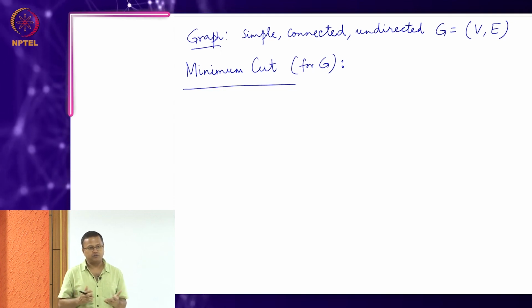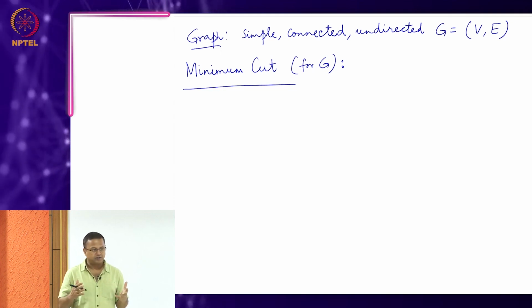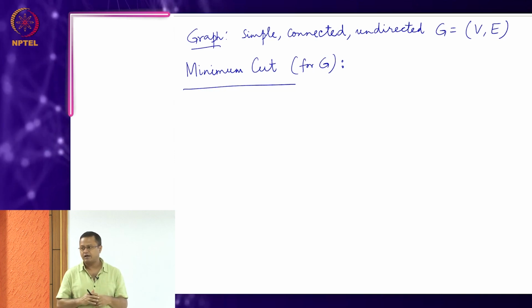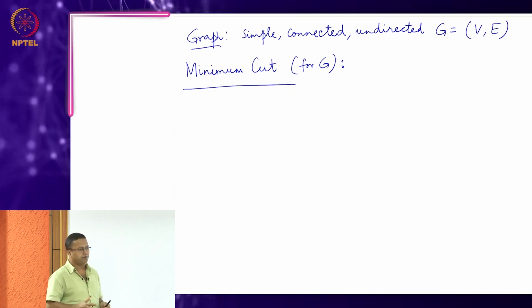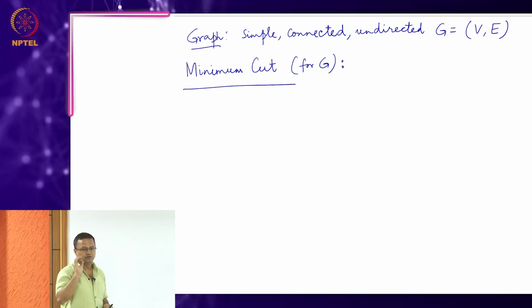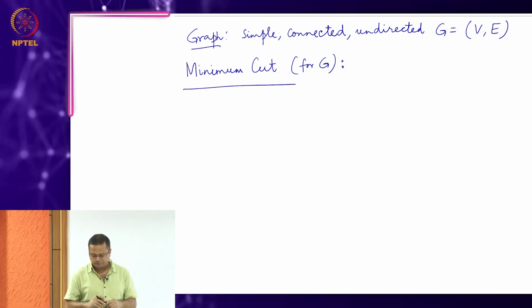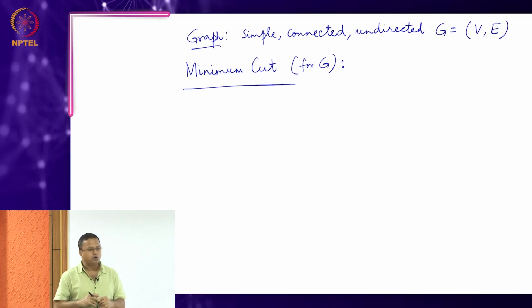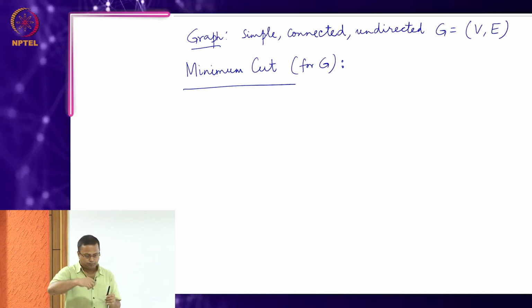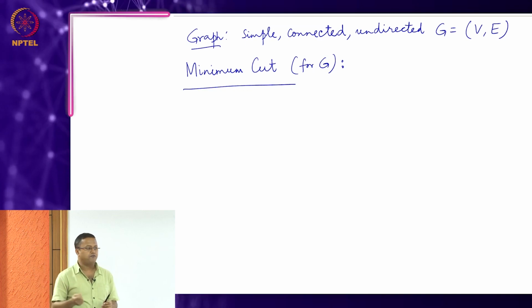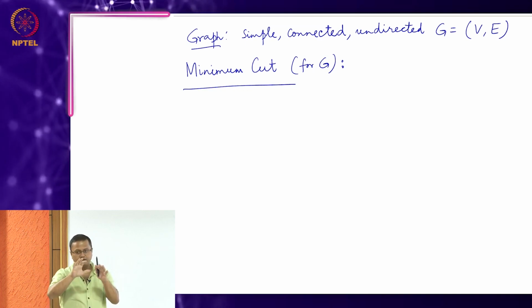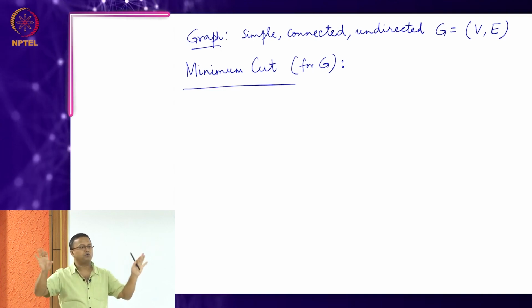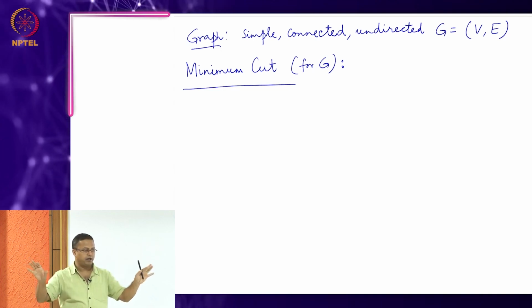The reason it is very useful is that many real life applications you can abstract as graphs, and then you want to divide them by tearing off the minimum number of edges. Here is the definition of minimum cut. I want to pluck out some edges from the graph such that the vertex set V breaks up into two disjoint components V1 and V2.